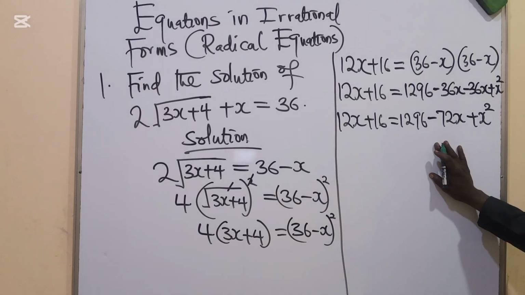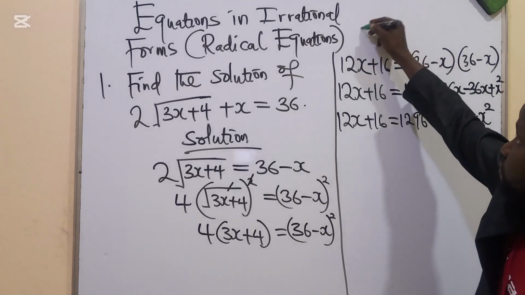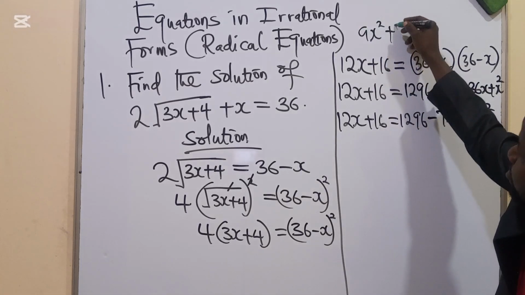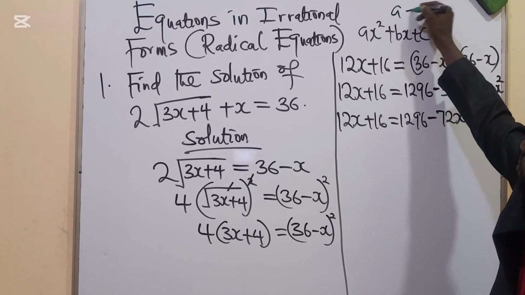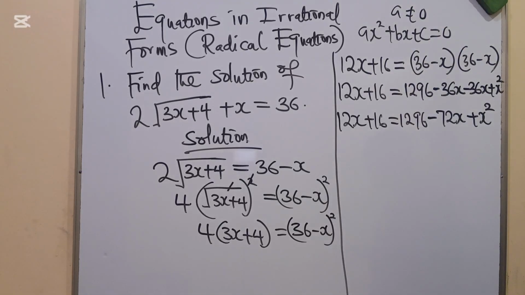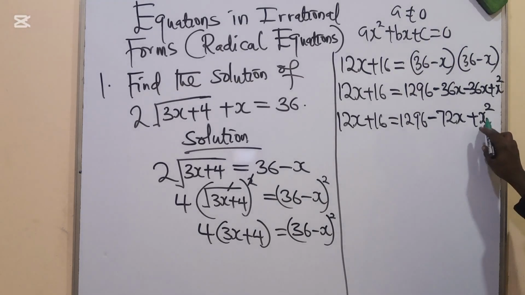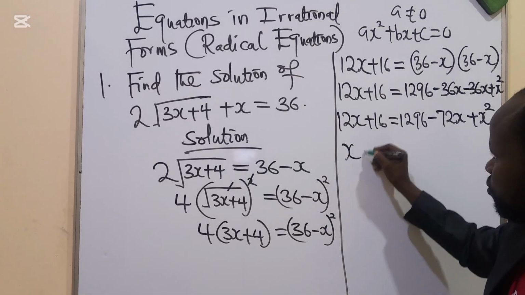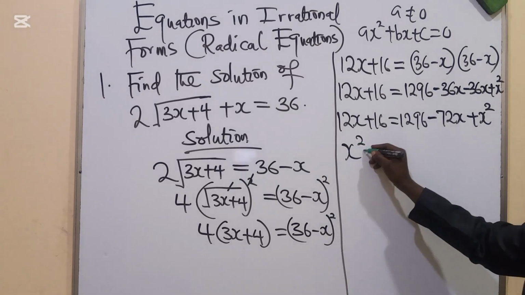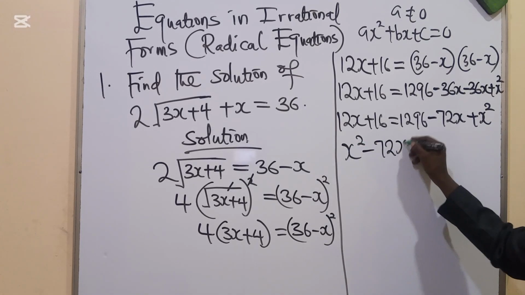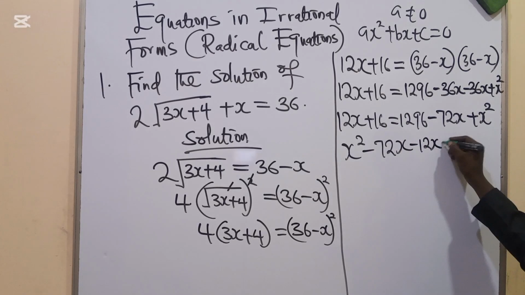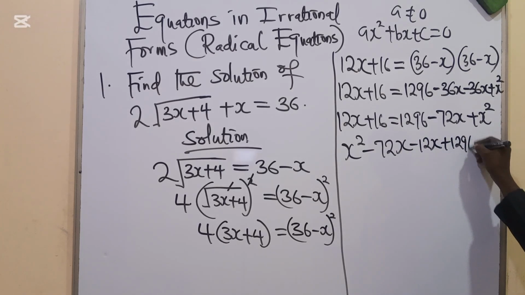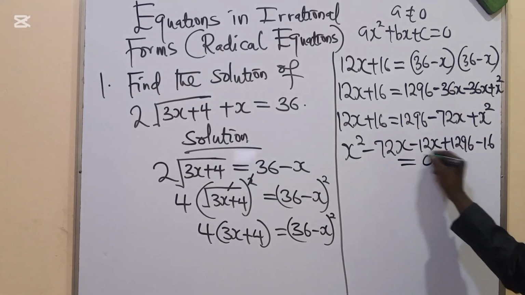Let's rearrange it, because a quadratic equation is of the form ax squared plus bx plus c equals 0, given that a will not be equal to 0. Very important. Let's start with this x squared. We have x squared minus 72x. We take this 12x to the other side, that will be minus 12x, plus 1296, then minus 16, equals 0.